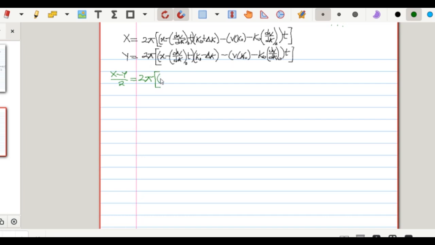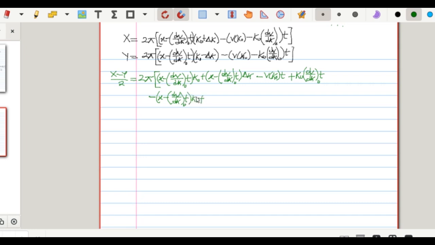So if we do that, we are going to have x minus dv over dk naught of t multiplying k naught, then we have plus x minus dv over dk naught of t multiplying dk, we have minus v of k naught multiplying t plus k naught dv over dk naught t, and then this is now minus this y, we will have it to be minus of x minus dv over dk naught t k naught.